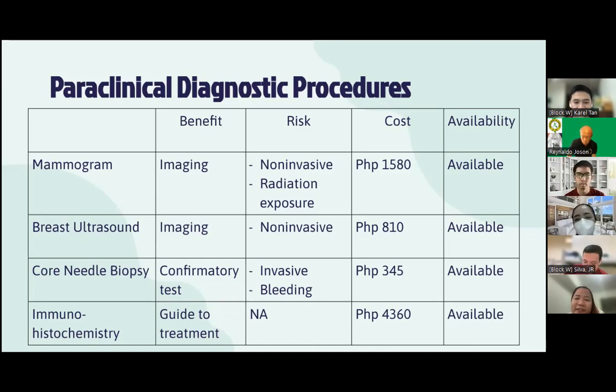This will depend po on the immunohistochemistry results. And according sa BCC po, ang price po ng IHC is 4,360 po, and it's available din po sa lab natin dyan.